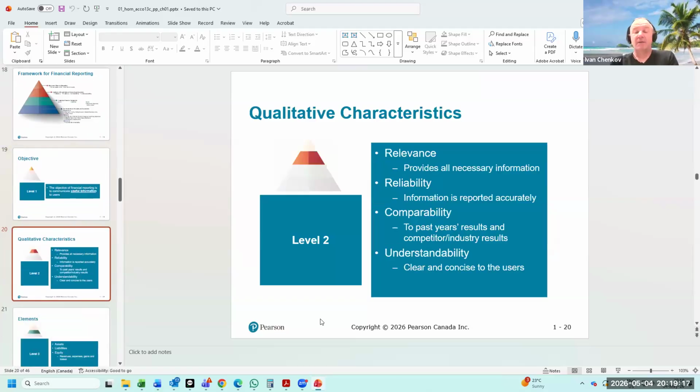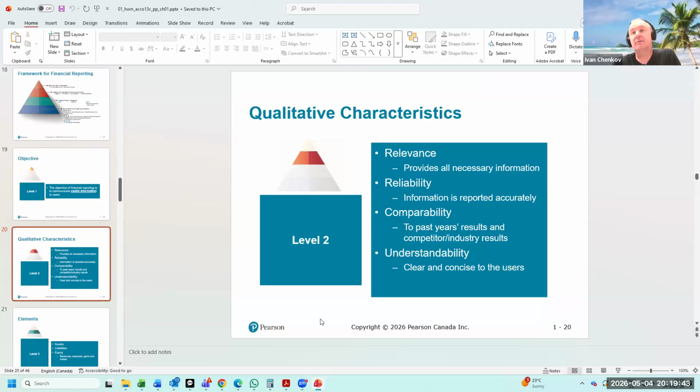Now, once we have the objectives of the users, what are they going to look for? They're going to look at whether the information that you're preparing for me is actually relevant. Can I find everything that I need to know about the company? Is it reliable, meaning if everything that has happened in the company is reported accurately?